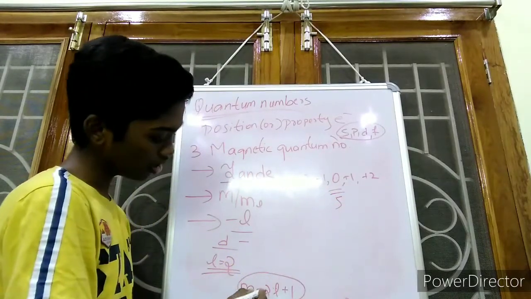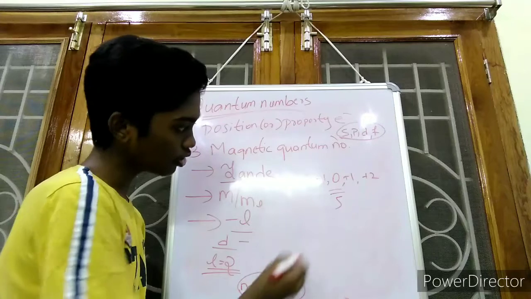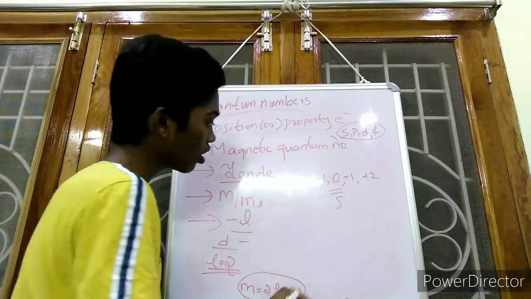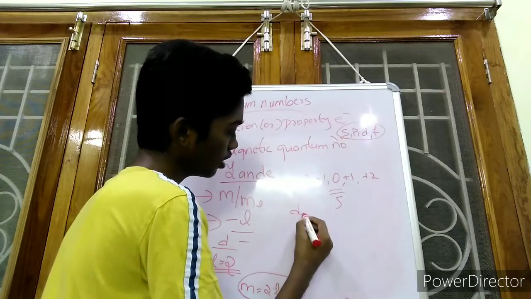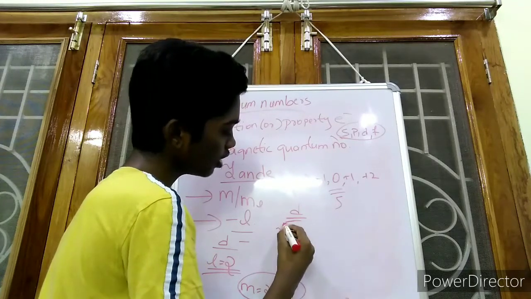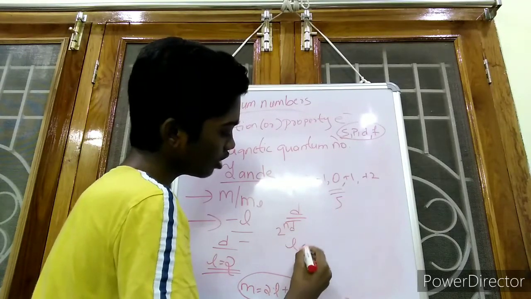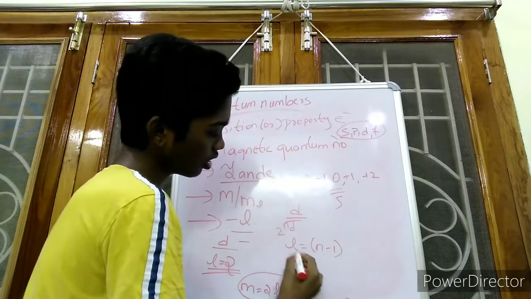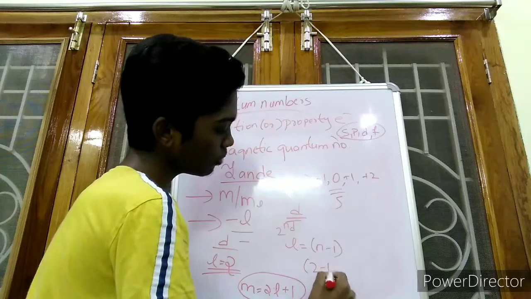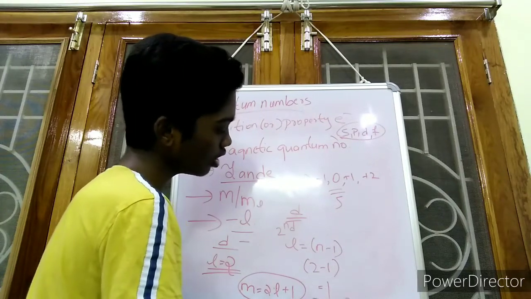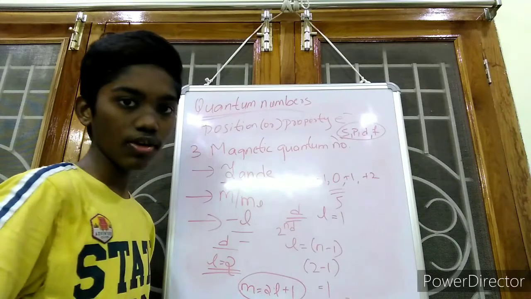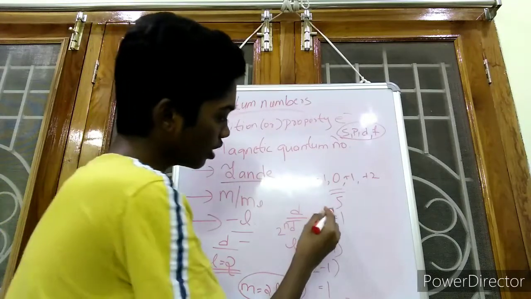We got the formula, and if we substitute the l value in the formula, we get 5. So it is correct. Now if we take the subshell p, p is the second subshell, and the formula for l is n minus 1. Here n equals 2, 2 minus 1 is 1. So the value of l for subshell p is 1.